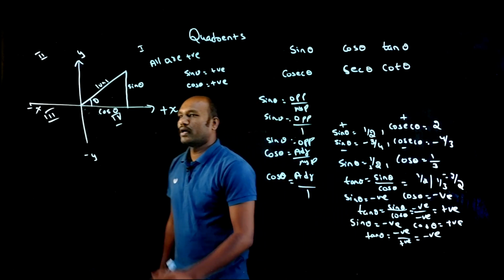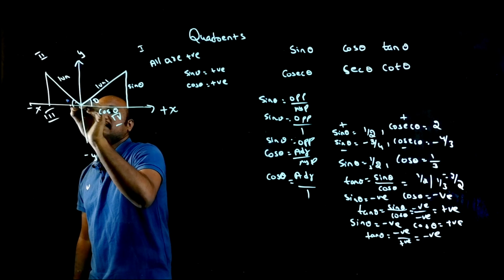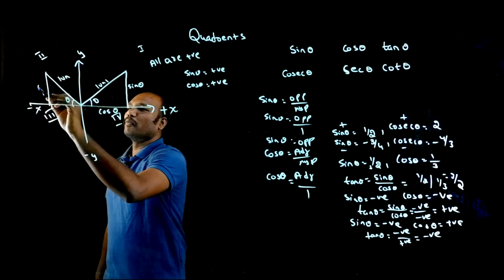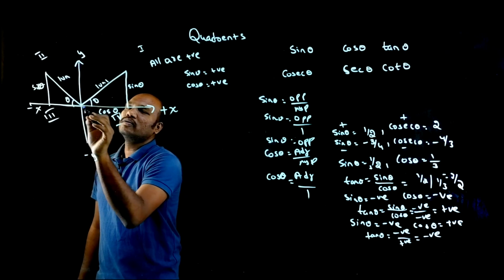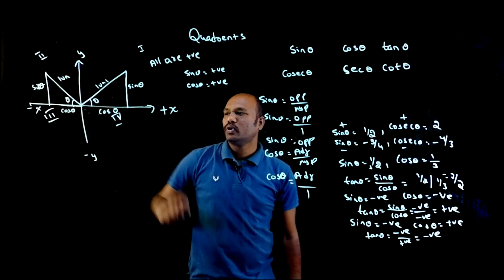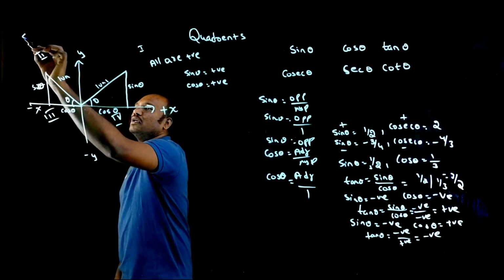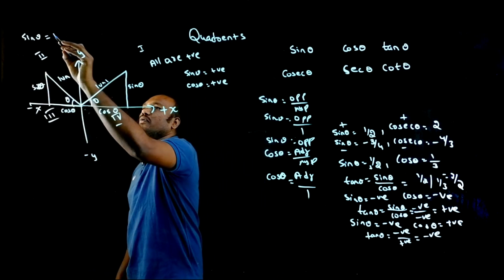Okay, let's go to the second quadrant. Again, I will take 1 unit. Again, if this is theta, what will happen to this now? Opposite, that is sin theta. What will happen to this now? Cos theta. This will become cos theta. In quadrant 2, sin theta is what now? Sin theta again remains positive.